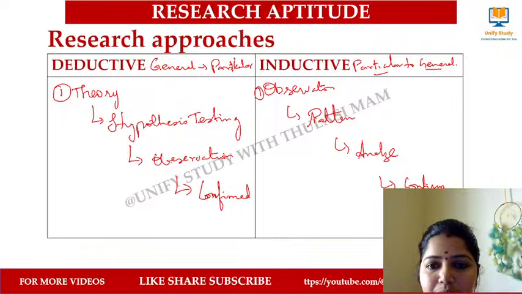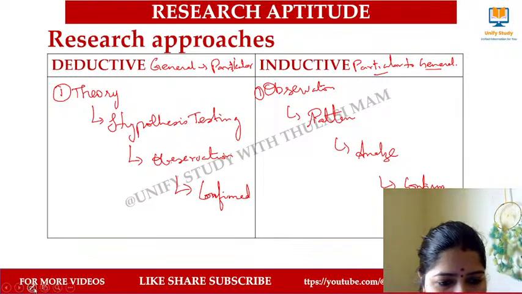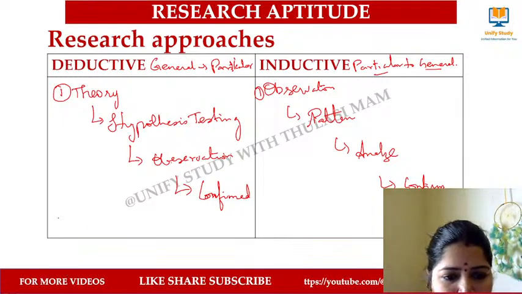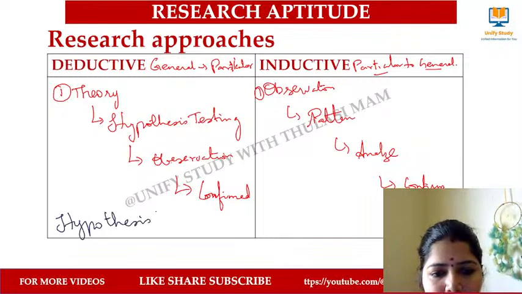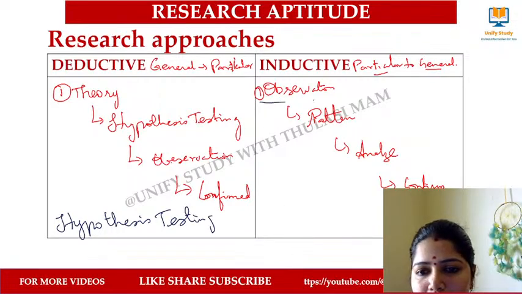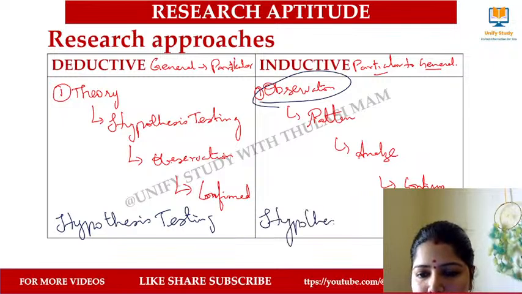Here the major difference is that the hypothesis will be tested, whether it is right or wrong. This is the major difference, note it down. In the inductive approach, based on the observation of the people, they will be generating the hypothesis.